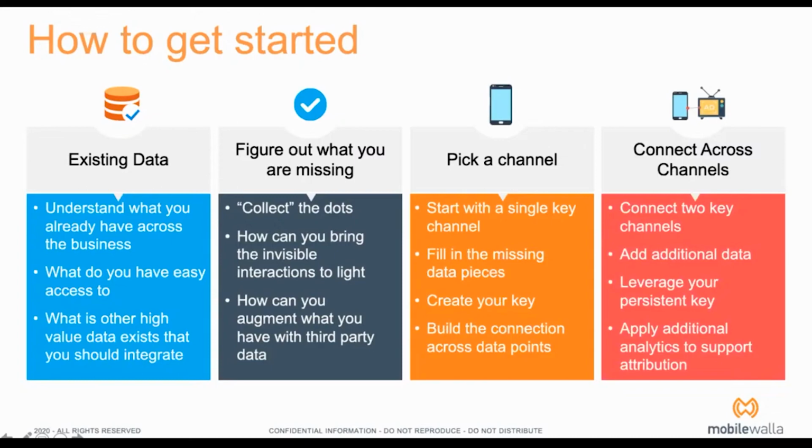What we also believe is that you start with one channel and fix that one channel first. If most of your sales happen in your offline store, maybe fix that. Or if you think the richest data you have is on your website, fix that. Start with that, and once you have one channel at a very decent state, you start making connections and applying different connectivity rules with other channels.